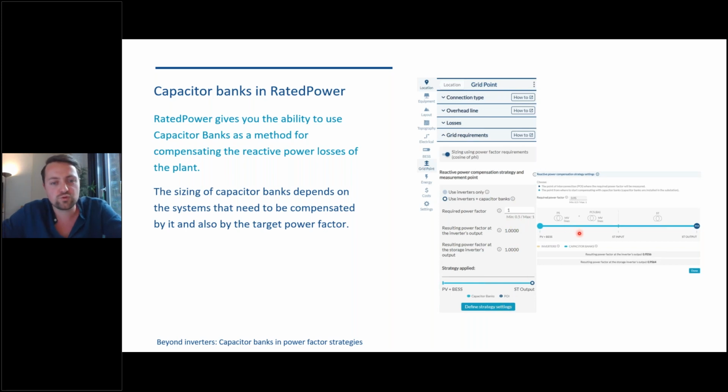For example, if we use the hybrid version, using both inverters and capacitor banks, with this slider we can design which parts of the plant are compensated by which device. As a result of this calculation, we'll have the power factor at the output of the generating unit inverters, and also the storage inverters.